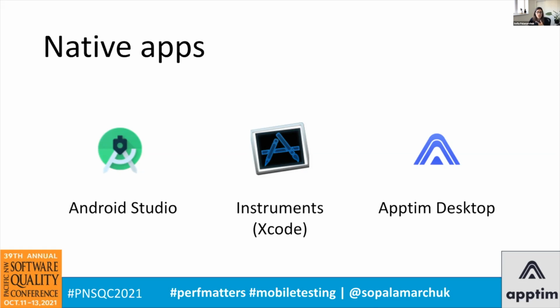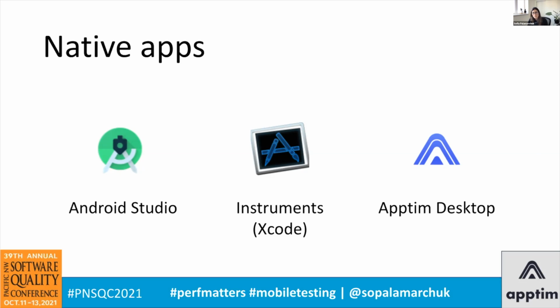These are of great help when you need to debug an app or you're looking for the root cause of some performance issue, and you can do that inside the IDE. You need to have, of course, the code of the app, but it's helpful mostly for debugging purposes. And the last one is Opt-in Desktop, which is the free tool that I mentioned we launched last year.